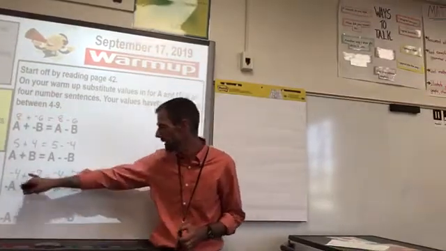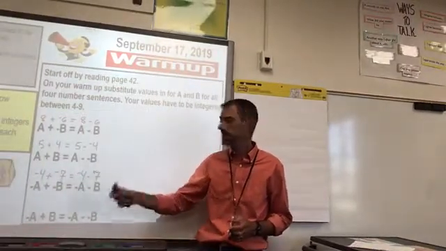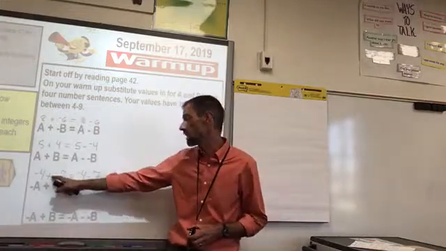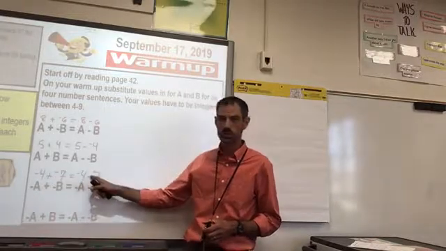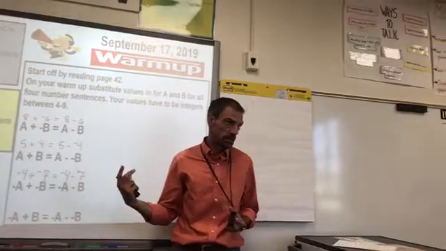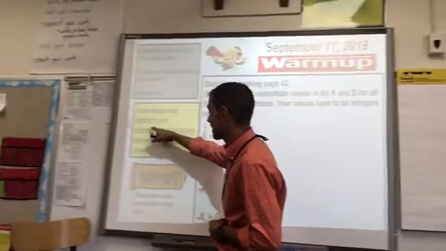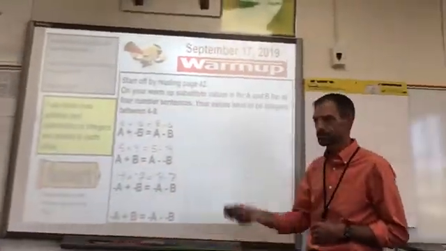Positive 7. Because adding a negative is just like subtracting a positive. I'm going to get the same answer no matter what. This over here is going to be negative 11. And this here is also going to be negative 11. They equal the same thing. I can think of it either way. And that goes back to how addition and subtraction are connected or related.